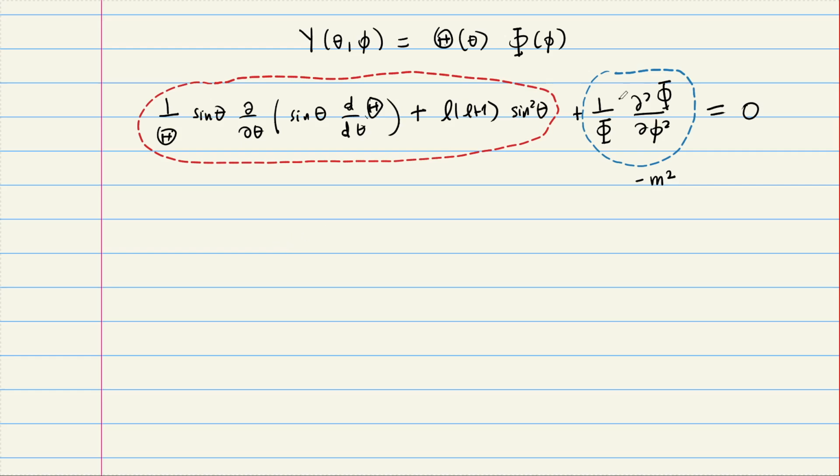Then the equation, since this is no more partial, like this is d: 1 over Phi d squared d phi squared of uppercase Phi is equal to minus m squared. So I can erase this and put it here.